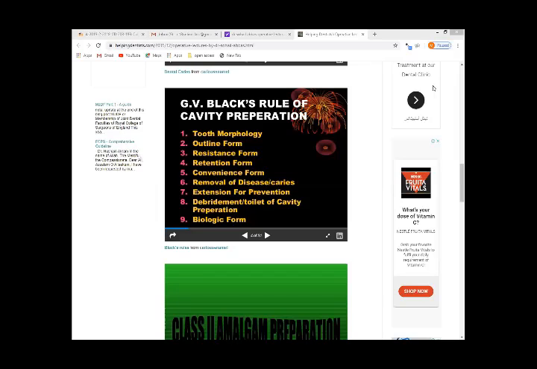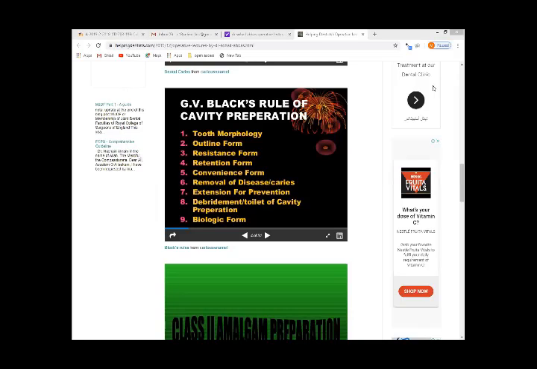And here we can view the lingual ridge of the mesiolingual cusp and the mesial ridge of the mesiobuccal cusp. So these are the boundaries.